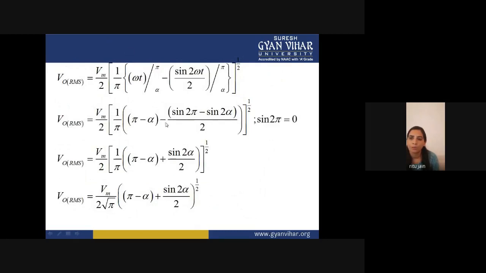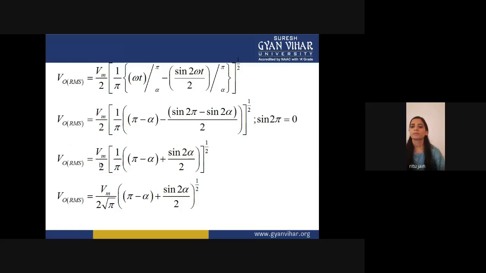So V output RMS is equal to Vm upon 2 root of 1 by pi, into pi minus alpha, minus 2 pi minus sin 2 alpha upon 2, and sin 2 pi is equal to 0. So V output RMS is equal to Vm upon 2 root of 1 by pi, into pi minus alpha plus sin 2 alpha upon 2.